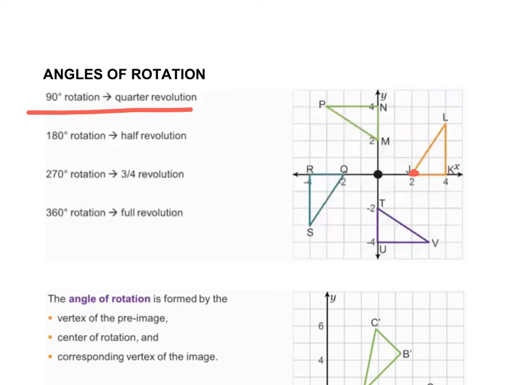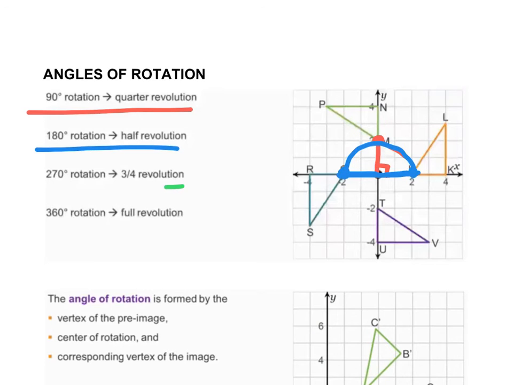And when I look at this to go from point J to point M, that's a 90-degree rotation because the angle that is made with my center is a 90-degree angle, okay? Now, when I do a 180-degree rotation, if I'm going from point J and rotating this all the way to point Q, then the angle that's created with that in the center, those 2 points, is 180 degrees, all right?